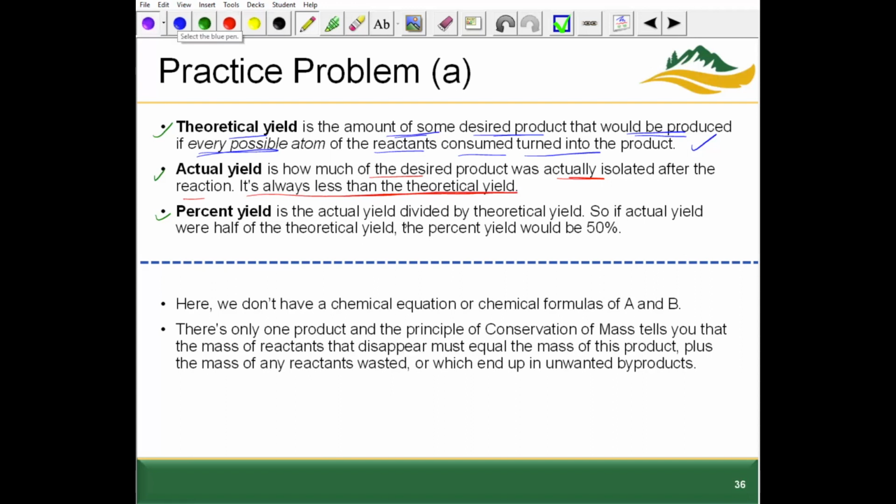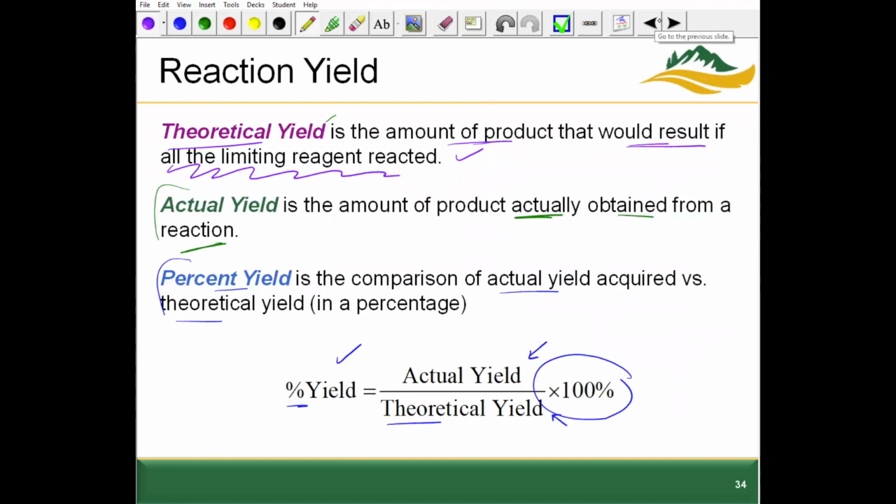The percent yield is the actual yield divided by the theoretical yield. So if the actual yield were half of the theoretical yield, the percent yield would be 50%. Let's say we made 1 gram in the lab, but theoretically we should have made 2 grams. So 0.5 times 100%, that would be a 50% yield.